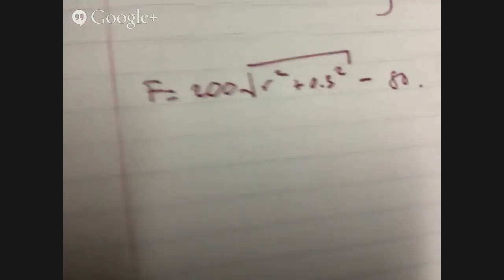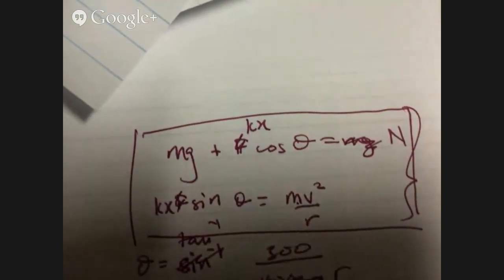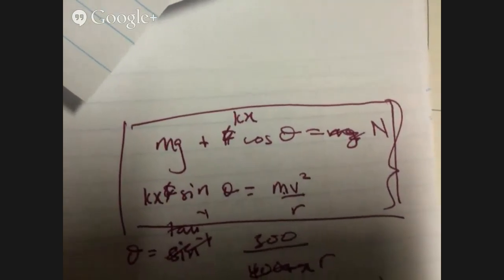Once you have that, you can get theta, right? So once you have the force, once you have these equations, Kx times sine theta. What is sine of theta now?